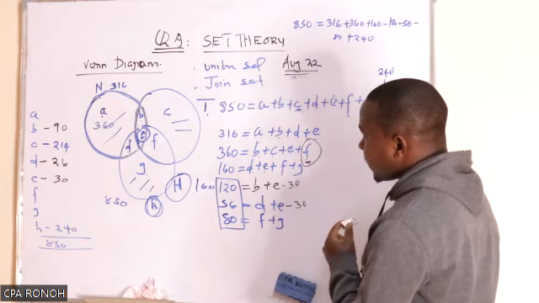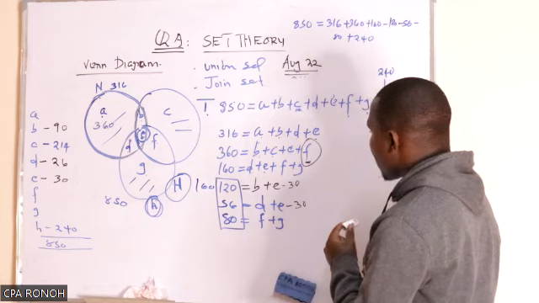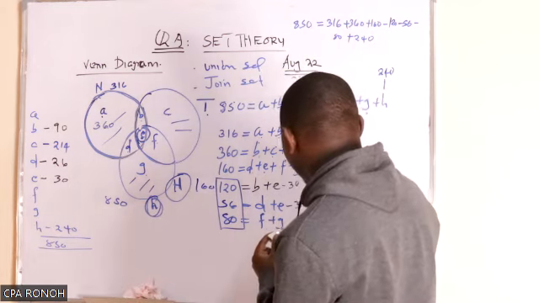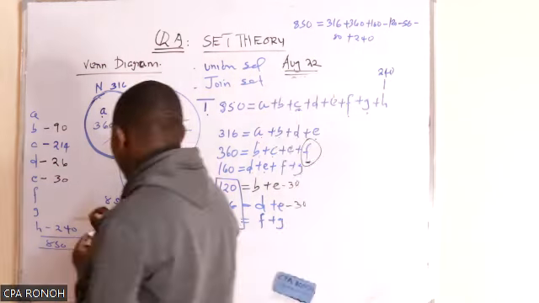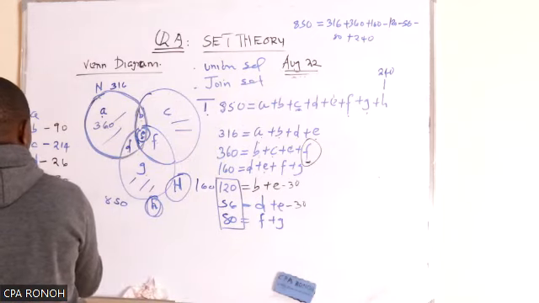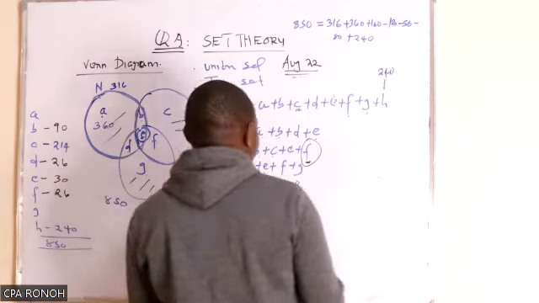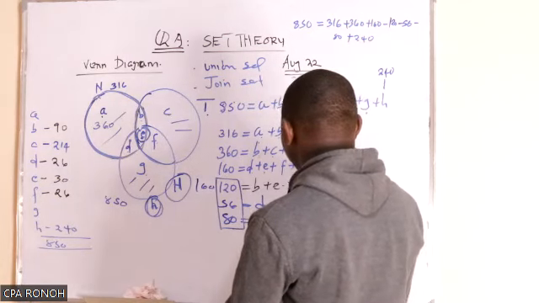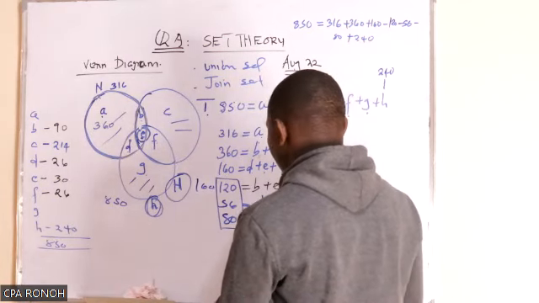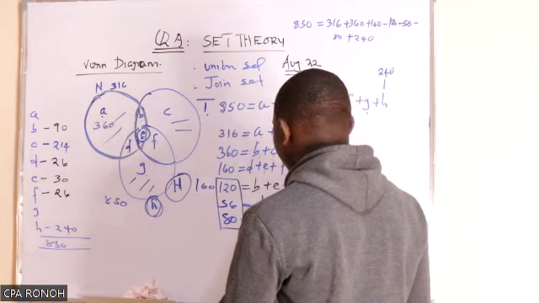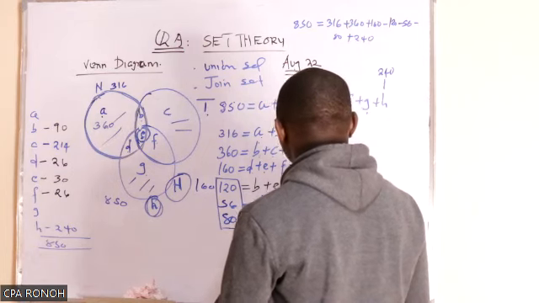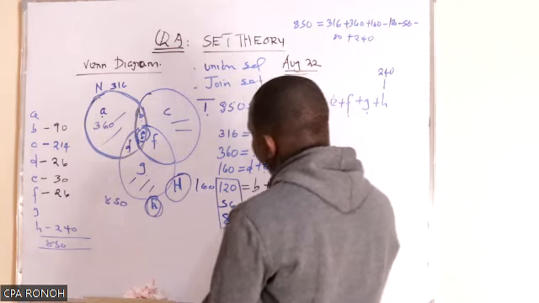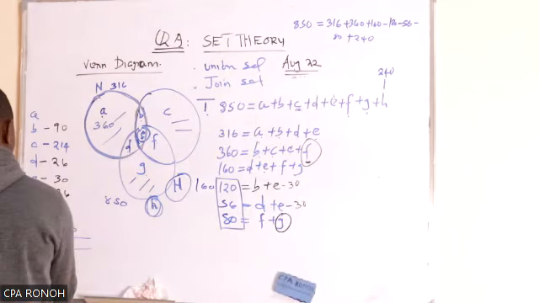So F is 26 also. If we have F, then you can get G. So 80 minus 26, that is 54.